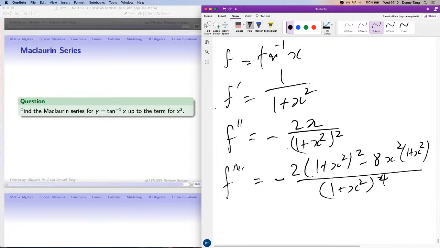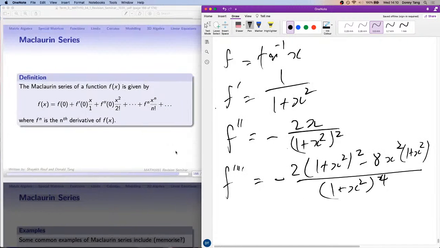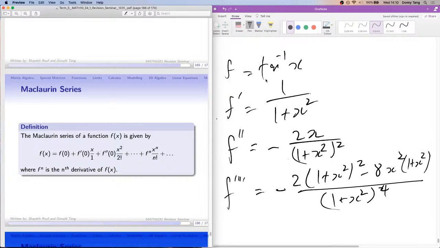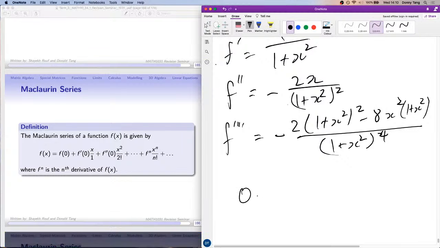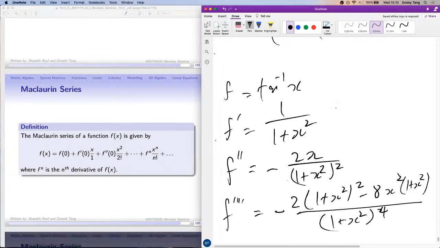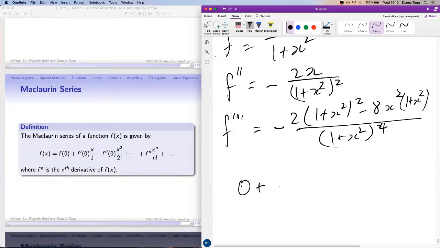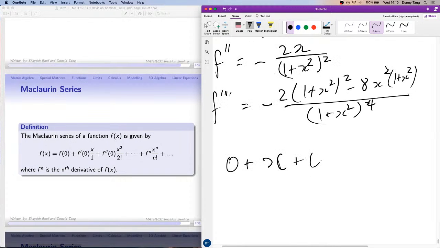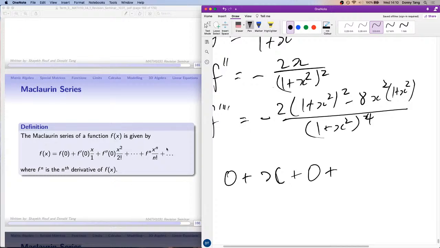And then what you need to do is sub in 0 into all of them, and find what they are. 0 into tan inverse x is 0. f dash of 0 for this one is going to be 1, so it's just going to be 1 times x, so it's just x. You're going to get f double dash of 0 times x squared, so that's going to be 0. And over here, we sub in 0 as well for our x cubed on 3 factorial. So it's just going to be negative 2.